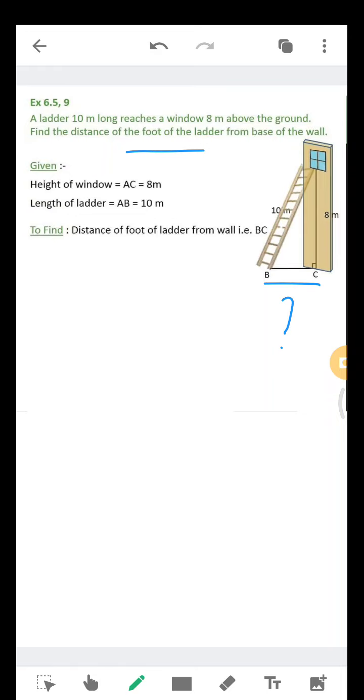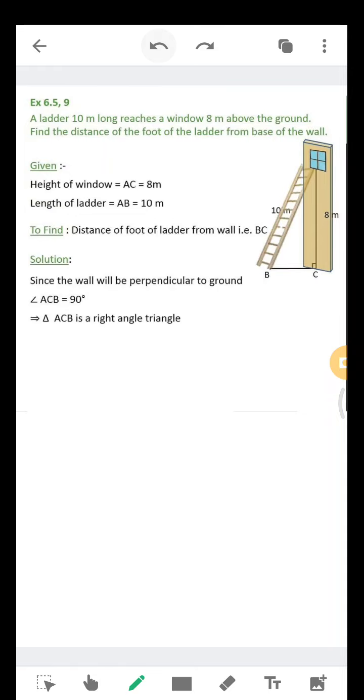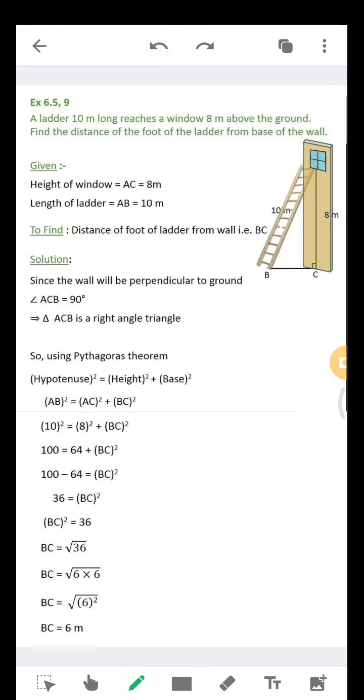What is the distance? We can use Pythagoras theorem here and find it very easily. As we know that the wall is always perpendicular to the ground, ACB is 90 degrees. So ACB is a right angle triangle.